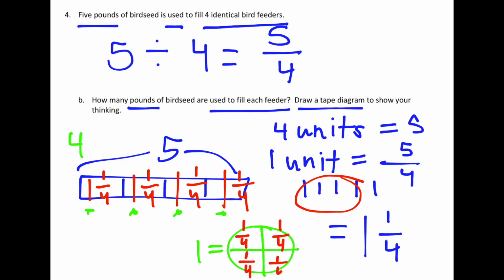So if I have 1, 2, 3, 4 one-fourths, that equals 1. And this is about to make sense in just 1 second. So I have my 4, and then I have a 1. 4 plus 1 is equal to, you guessed it, 5. So we are correct.